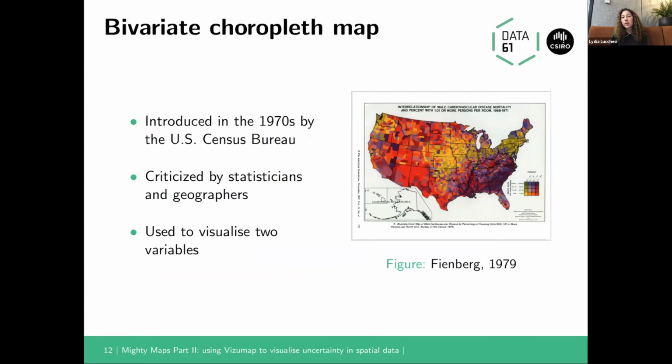The method was introduced in the 1970s by the US Census Bureau, and at the time it was not well received. It was criticized heavily by statisticians and geographers, and I'll also note that it was used to visualize 2 variables instead of 1 variable and its uncertainty.